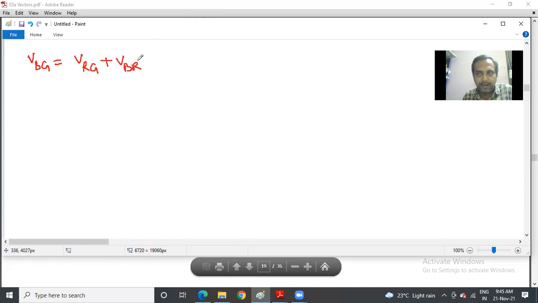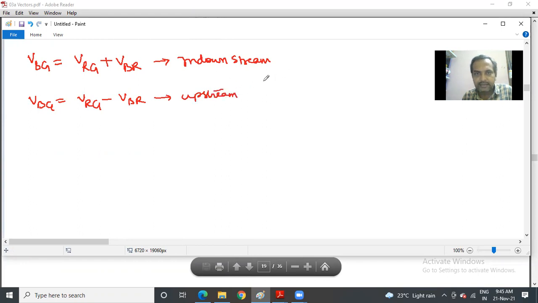So this is based on parallelogram, and this is downstream. Now, if it is upstream, VBG is equal to VRG minus VBR. So this is upstream.